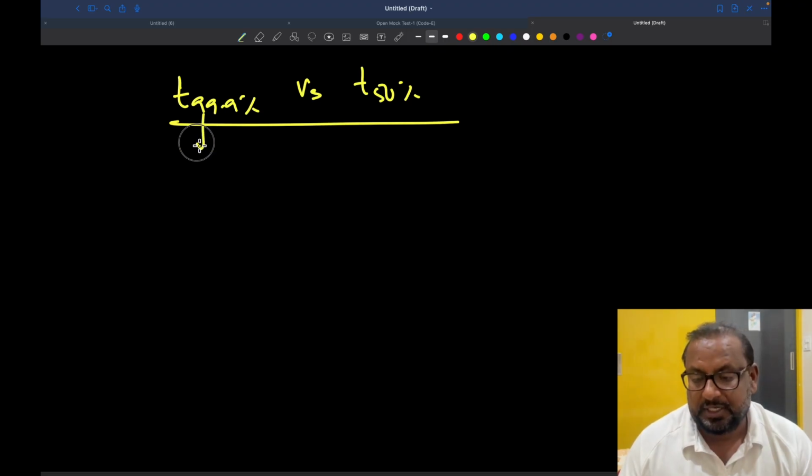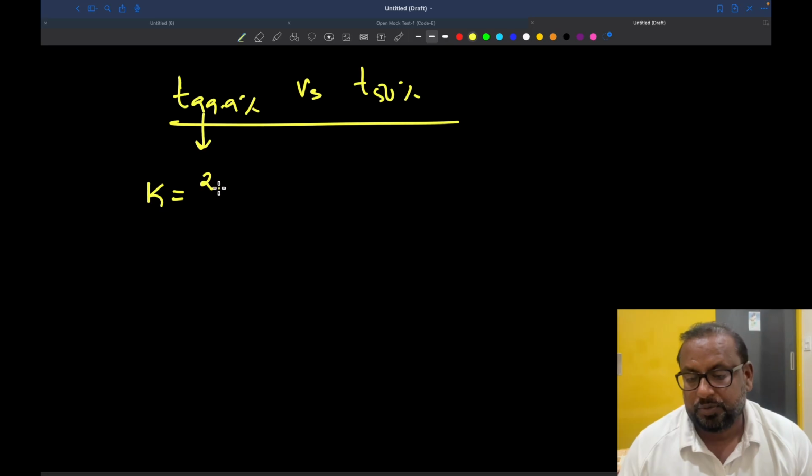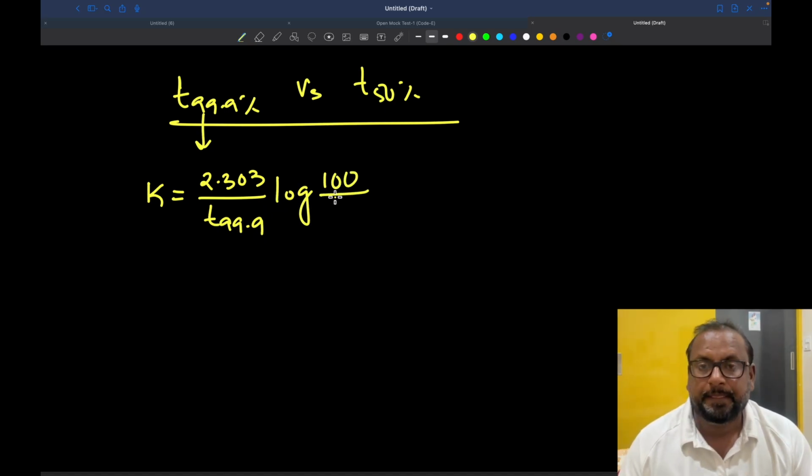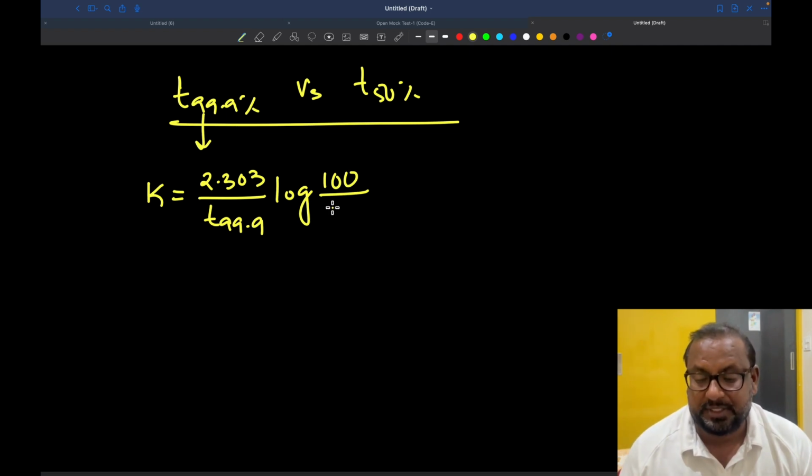For T 99.9%, k equals 2.303 by T 99.9% into log of initial concentration, generally we take 100, and how much is left over? 99.9% is completed, 0.1 is left.